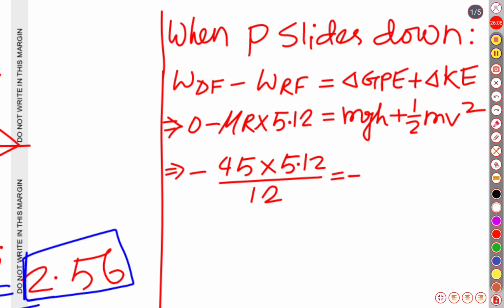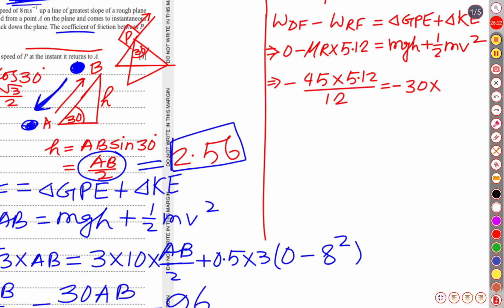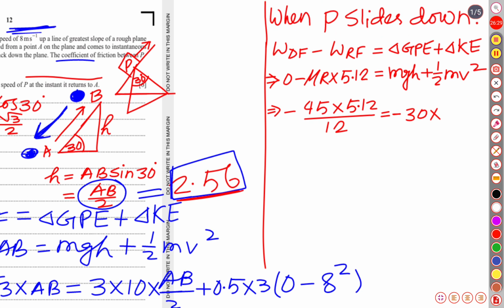Negative 3 into 10, and we have already decided our height was 2.56 meter. This is the height we have found, that AB over 2, it is 2.56. So we will have to just multiply by 2.56.